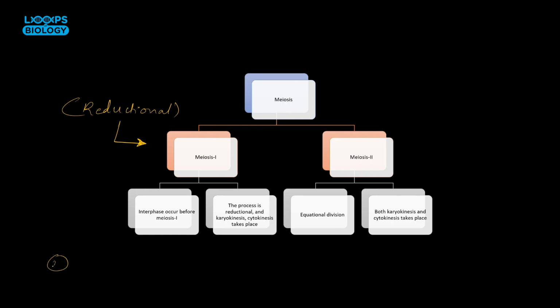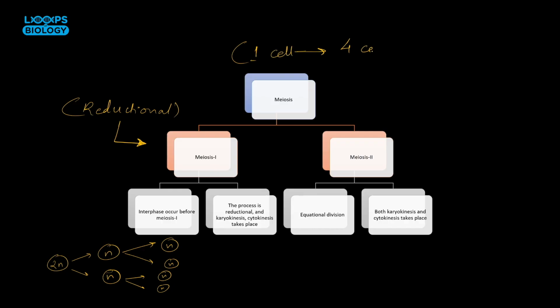If there are 2n chromosomes, after meiosis 1 I am going to get n chromosome cells, and finally these are divided into 4 cells. So in meiosis, remember that one cell is going to give me 4 different cells. In mitosis it was 2. In meiosis, it is going to be 4 cells.